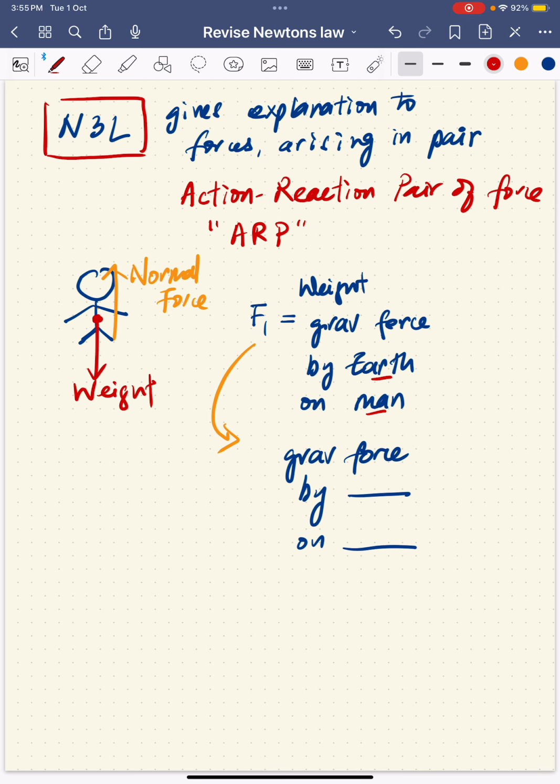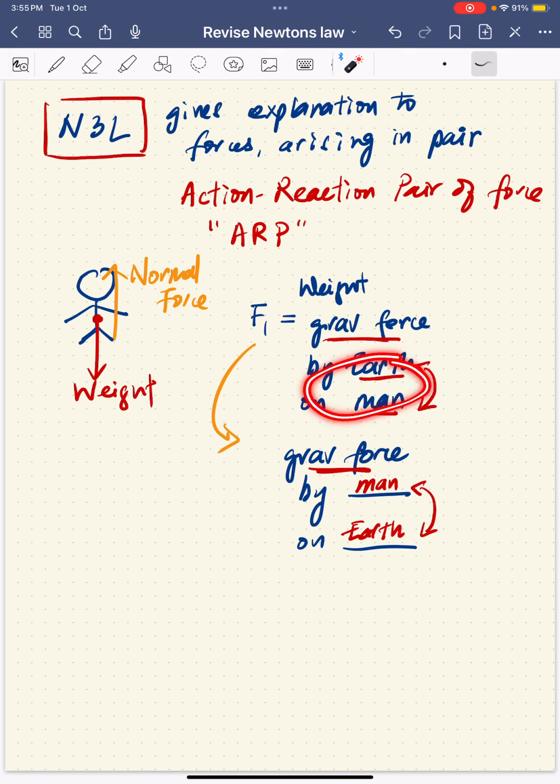If the first force is by Earth on man, then the second force must be a force which also involves these two interacting objects. So the Earth and the man, you need to swap them. We also take note that the nature of the force is the same, so both are gravitational force. But Earth and man, you must swap them. So it is a force of the same type, same nature, but acting on the different bodies in the interacting pair. Let's call this second force F2.